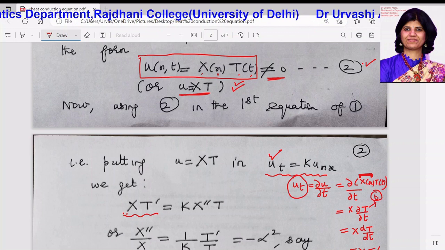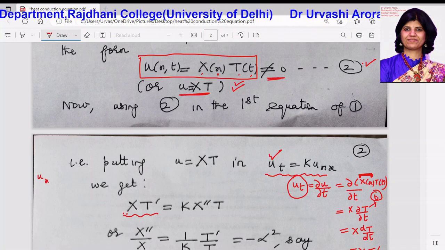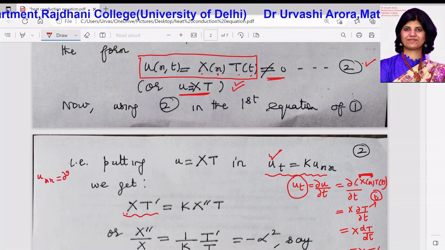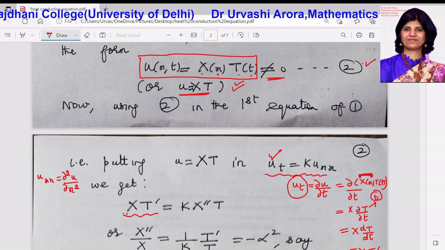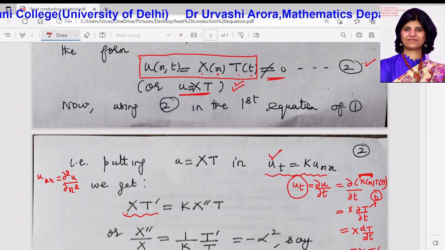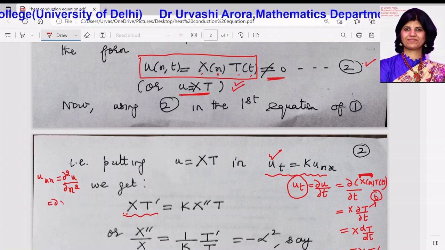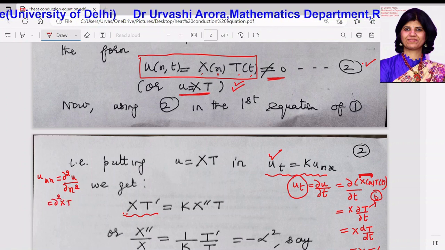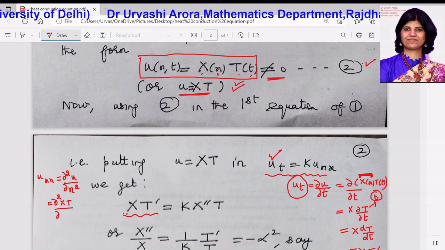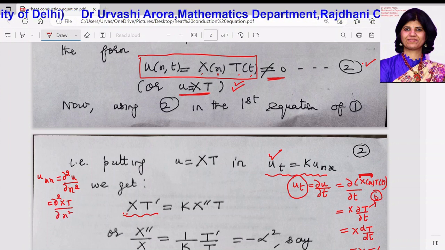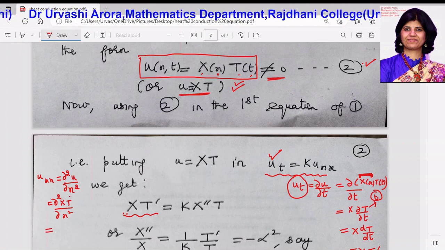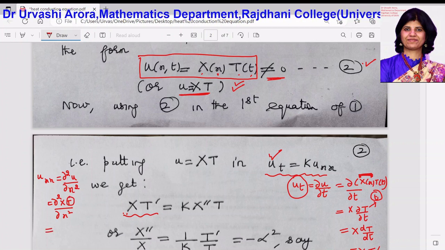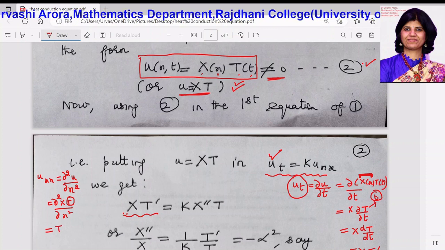In a similar manner, u x x is calculated, because u x x means that u x x is the partial derivative of u with respect to x 2 times. Twice we are differentiating partially, and if you put the value of u as X T, so this would mean del square u by del x square, del square X T by del x square, and again T, this capital T does not contain the variable x, so it will be treated like a constant.